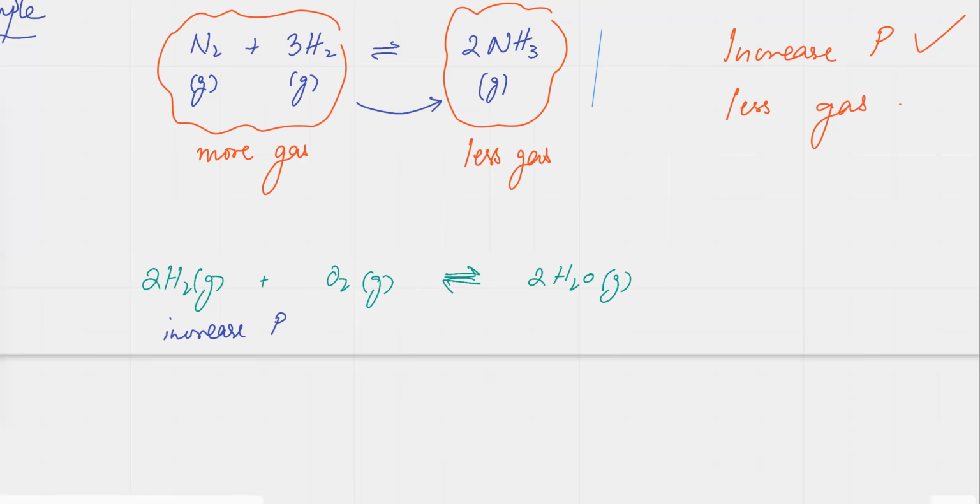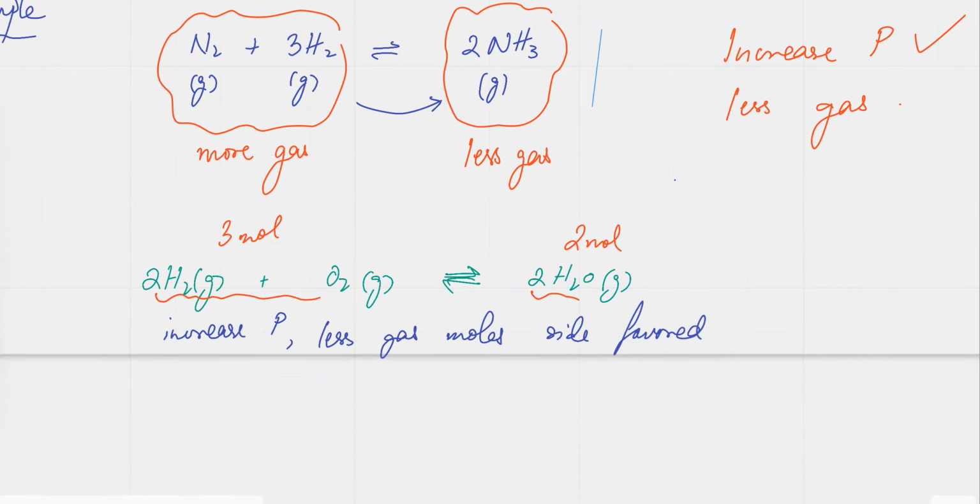There's less gas. ठीक है, there's going to be less gas. आप स्क्वीज करो, less gas would be formed. ठीक है, जगह खत्म हो जाएगी, less gas moles side is favored. Which is which side? इधर कितने moles of gas है? 3. और प्रोडक्ट में कितने moles of gas हैं? तो less gas mole side is favored, which is the forward in this case.